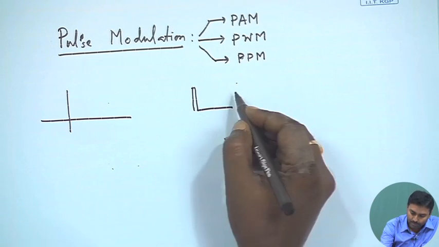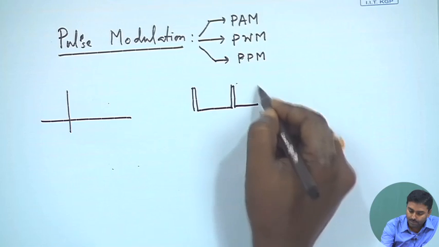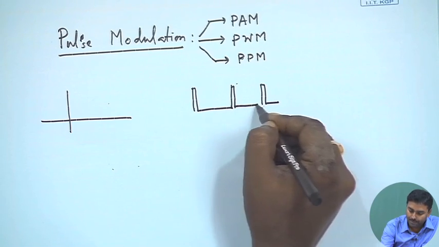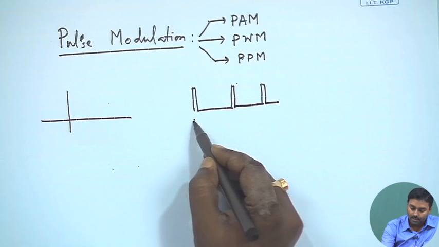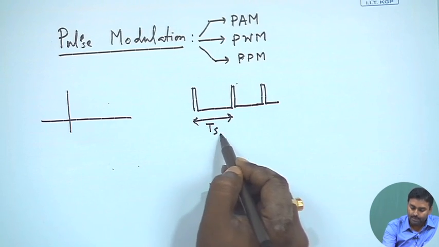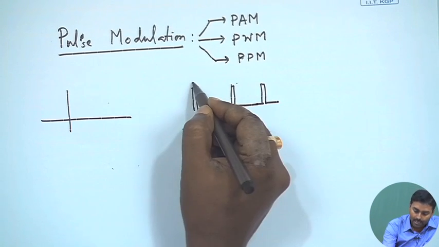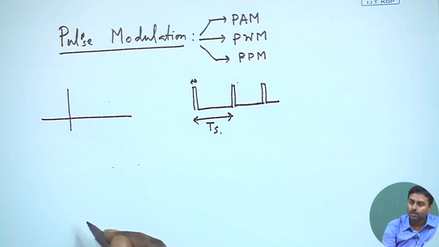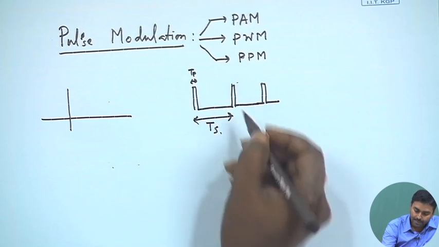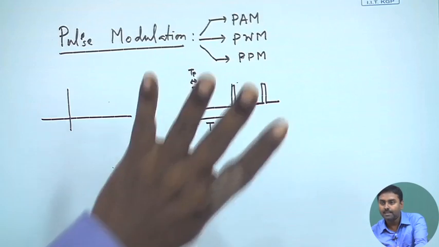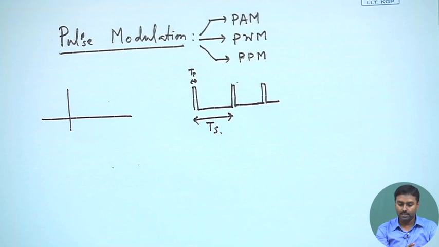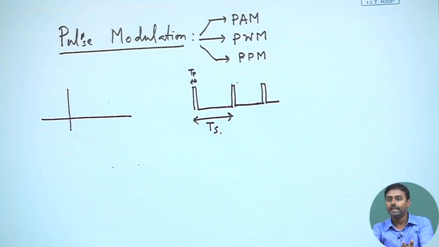We will be modulating with this kind of pulse train, which is a periodic signal. After every Ts amount of time it repeats, and the pulse is on for some amount of time, Tp, and for Ts minus Tp time it is off. So, the modulation happens with these pulses, like we had a carrier, and we have the pulse train here to do the modulation. It is almost analogous to the carrier.